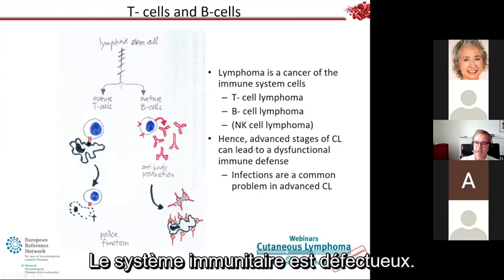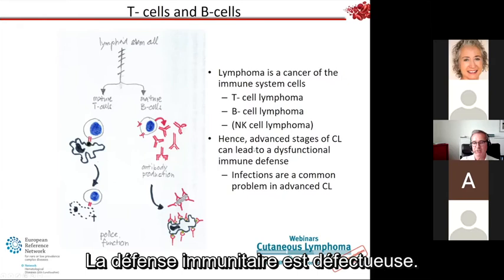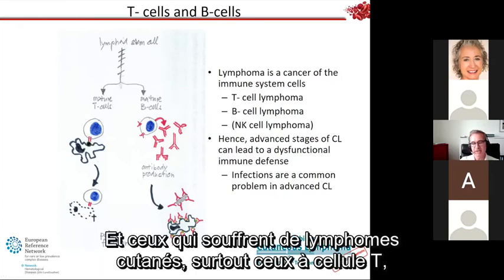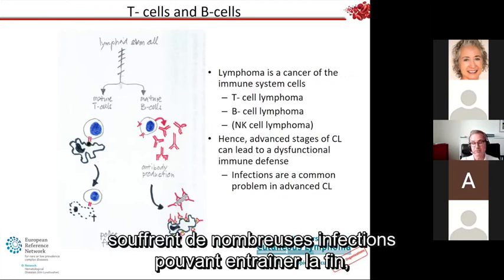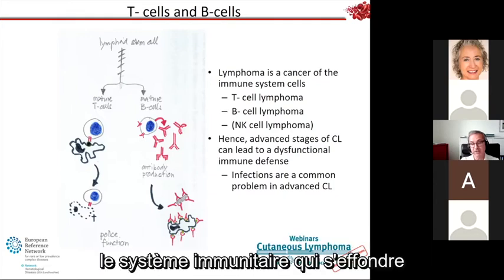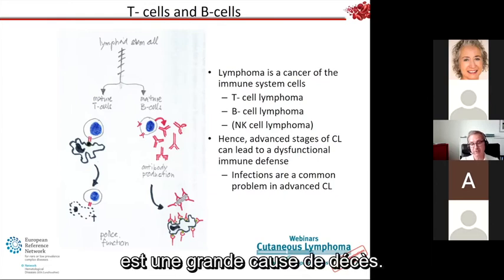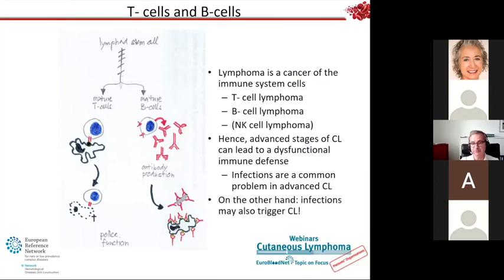We have a dysfunctional immune system, a dysfunctional immune defense, and the people with cutaneous lymphoma, mainly cutaneous T-cell lymphoma, suffer from many infections that may actually, in the end, be one of the major causes of death if the immune system breaks down.